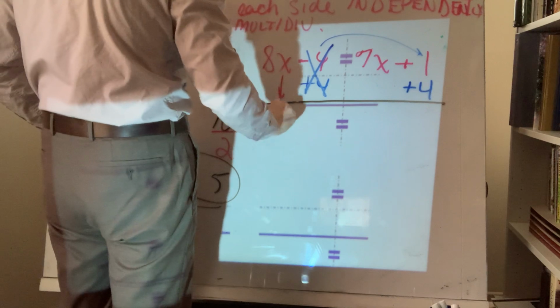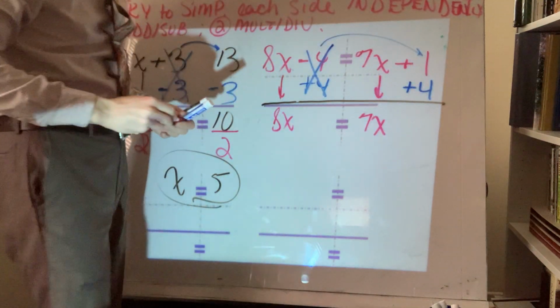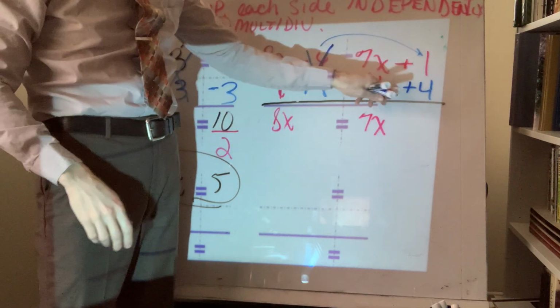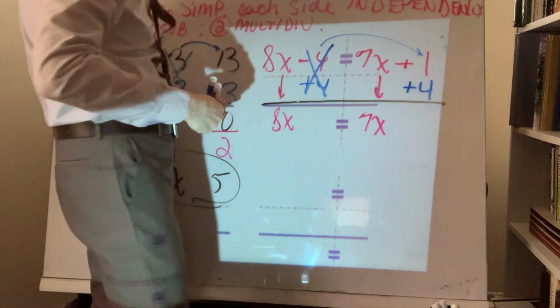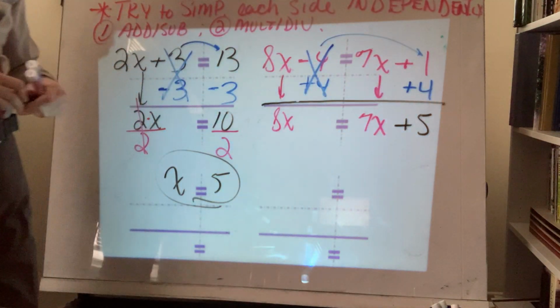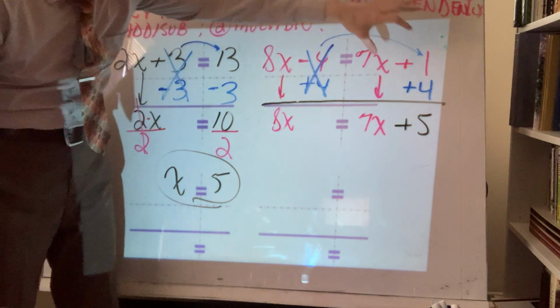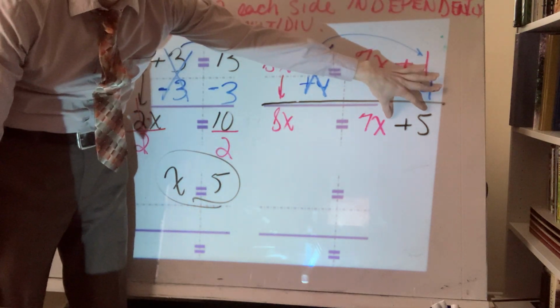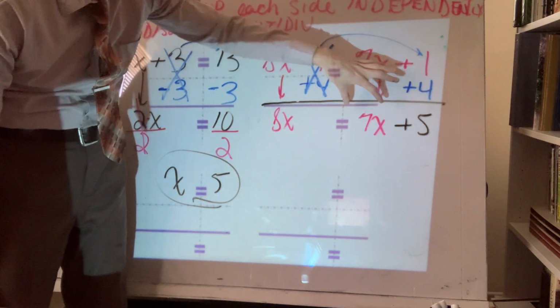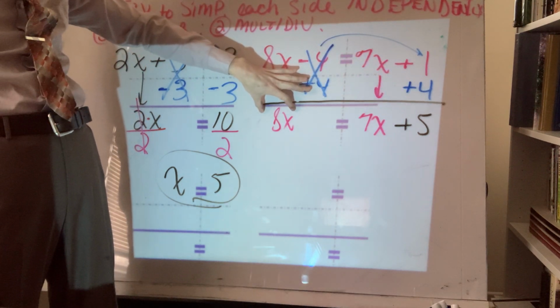There's an 8x. There's a 7x. And then these two would just end up being 5 plus 5. Now that I have decided, whether intentionally or not, that numbers without letters are going to be on the right, I have no choice at this point. Now I have to bring this over here, because I'm past the point of no return.